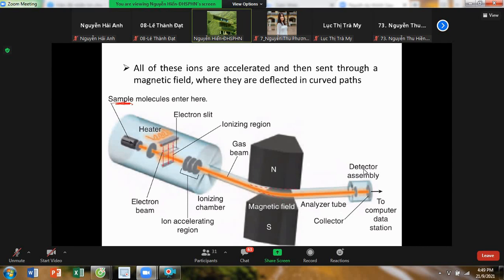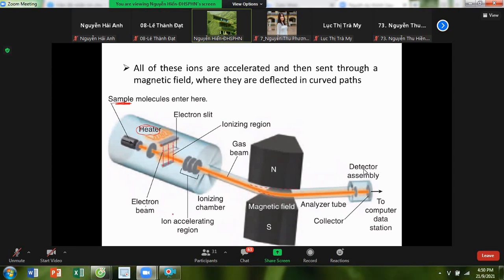And if it is liquid or solid, it will be heated to become gas, and then the sample vapors will be bombarded by electron beams. Đây là đầu tiên cái sample của chúng ta nếu nó là rắn hoặc là lỏng phải bị đun nóng trước và nó máy hơi đã, đúng không?